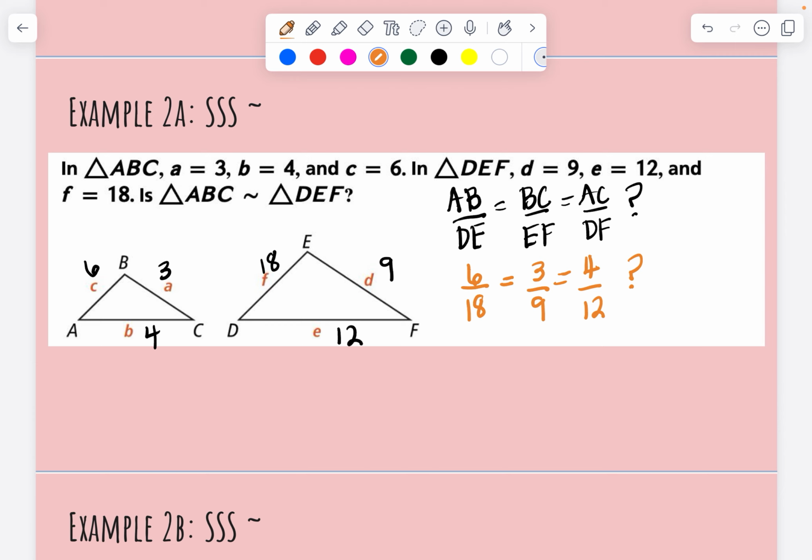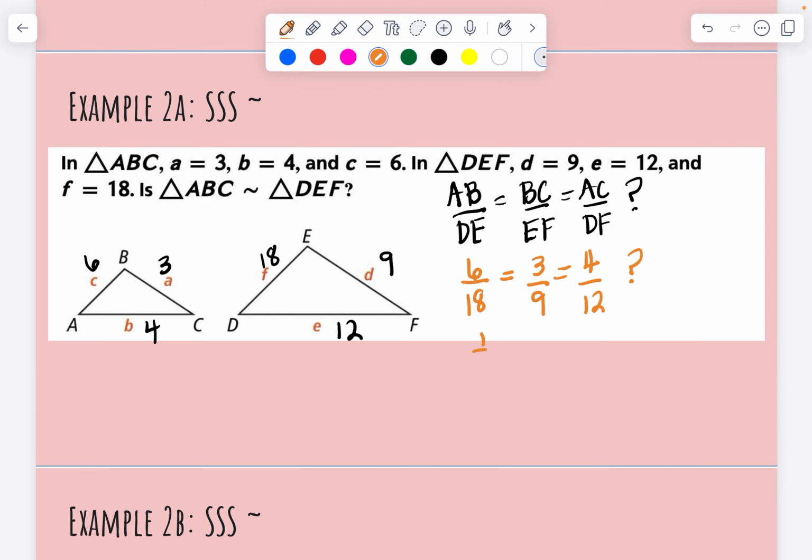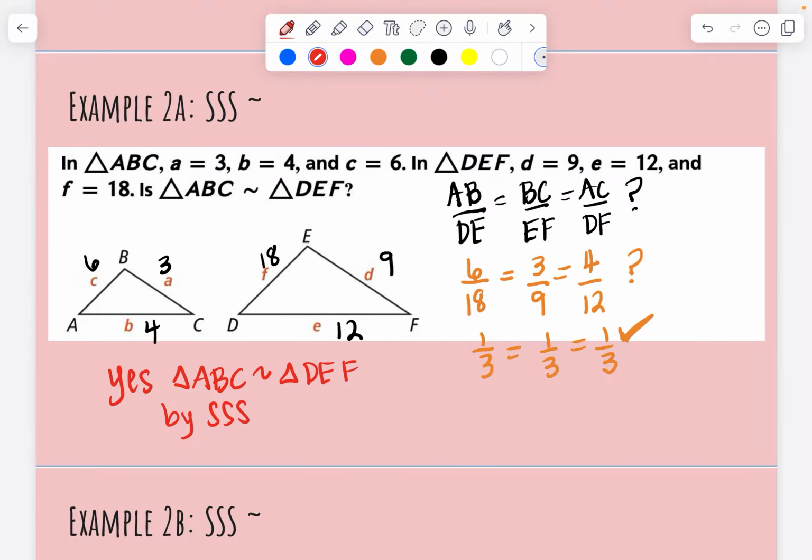Well, if I put that in my calculator, I would get that each of those simplifies to 1/3. Or are those proportional, I should have said. So yes, those three sides are all proportional. So yes, triangle ABC is similar to triangle DEF by side, side, side.